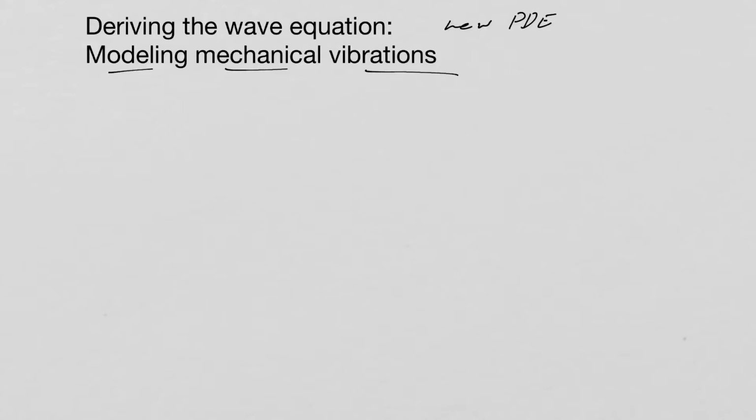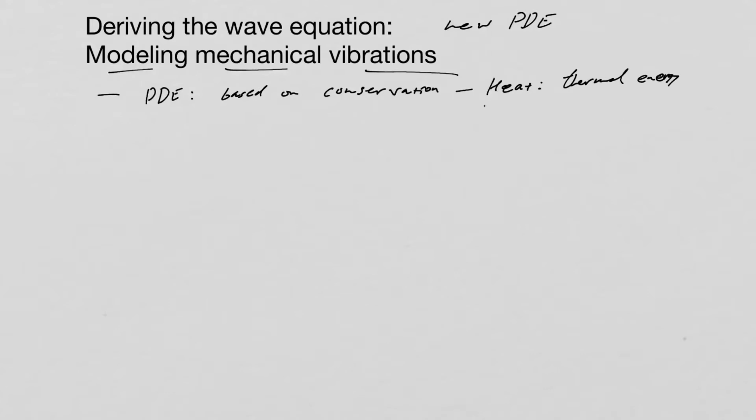All right, so our old PDEs so far, as we conceive them, are all based on conservation. They're all based on conservation, right? So with the heat equation, of course, we had thermal energy, right?